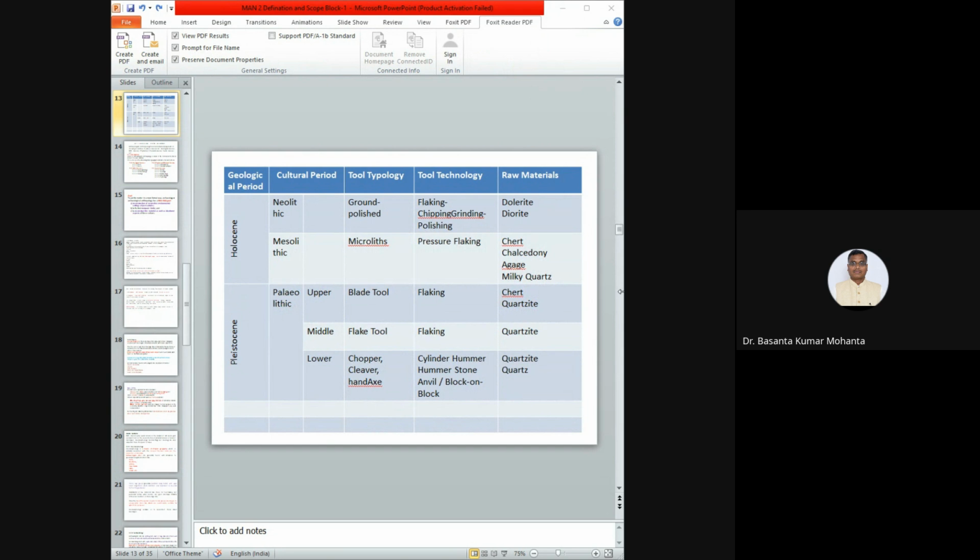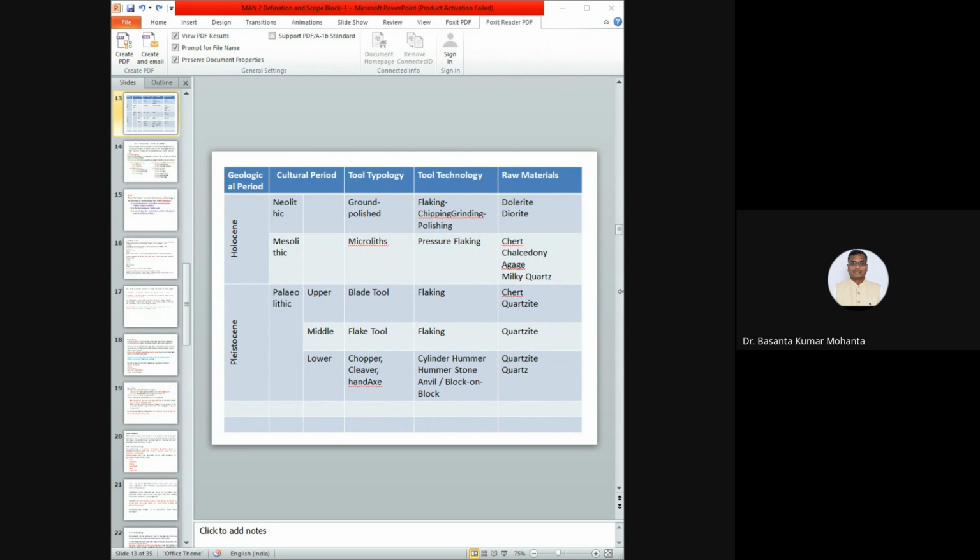So when we are discussing environmental archaeology, basically we try to understand the interaction between human beings and their environment, as well as their culture. So, man, nature, and culture.